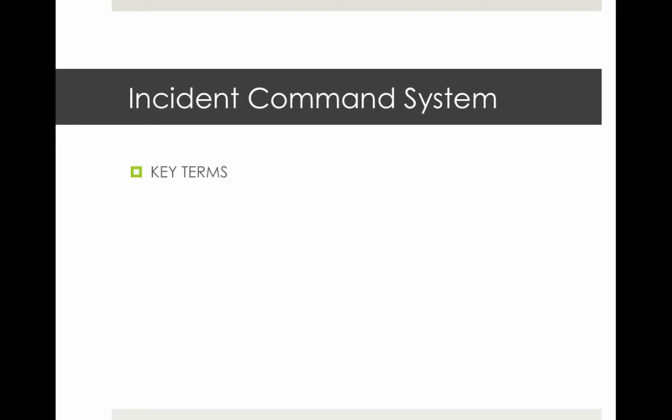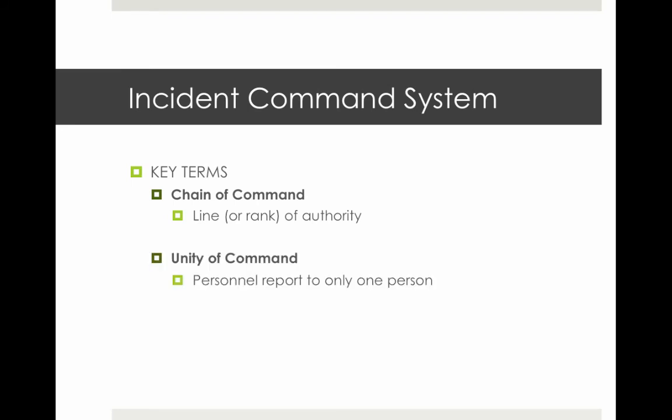If you're exposed to ICS, you are likely among those that are actually solving the problem in the field. If you would like to be taken seriously around those people, it's important that you're familiar with terminology used in that environment. Below are 3 terms that are easily misunderstood or misapplied. They are chain of command, which of course, key to success is always to follow your chain of command.